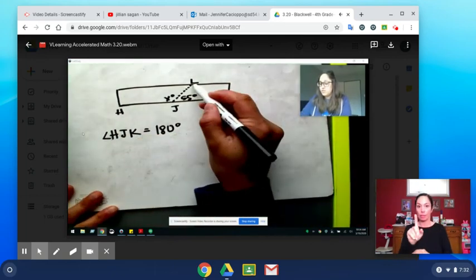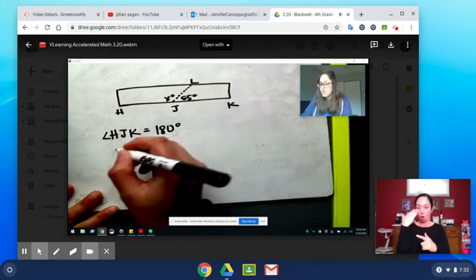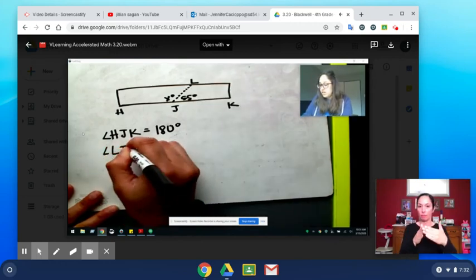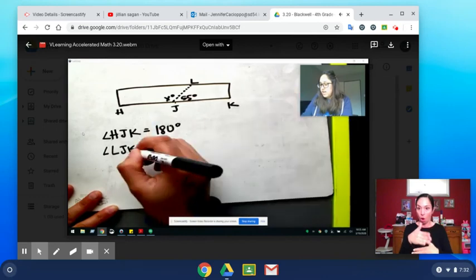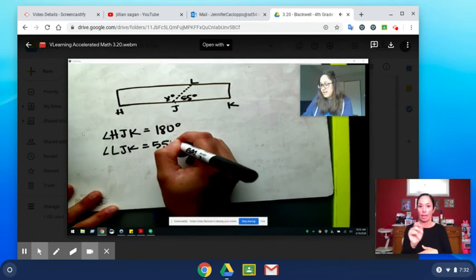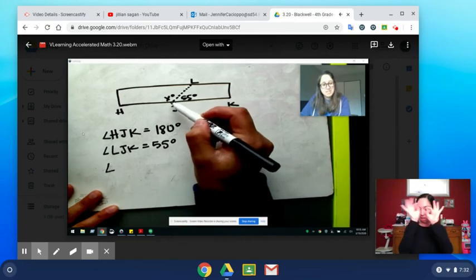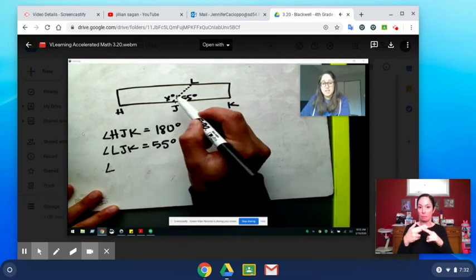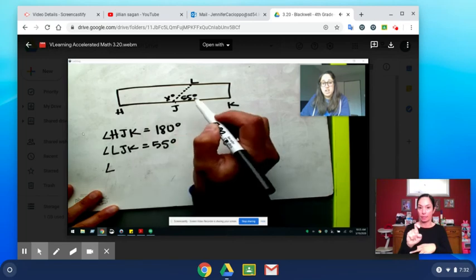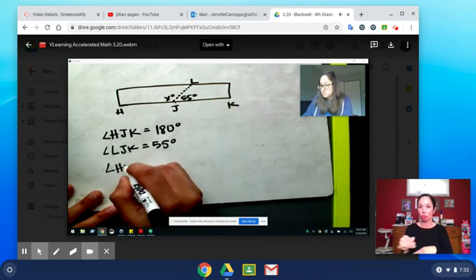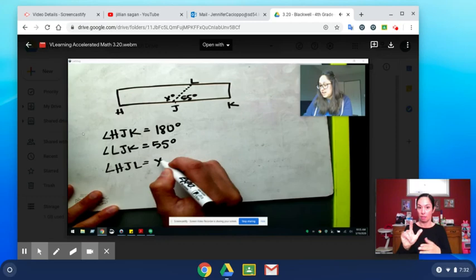Now I know the measure of the angle that I already cut, which is angle LJK, and that angle measures 55 degrees. But the angle that I don't know, they've named it as angle X degrees, is angle HJL. So angle HJL is X degrees, right?